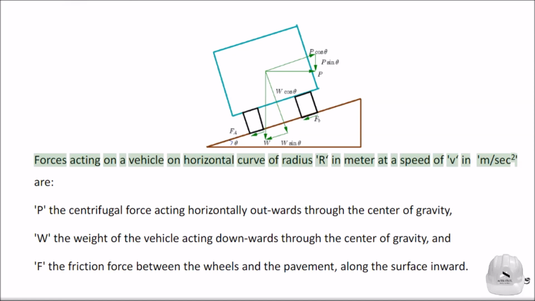Forces acting on a vehicle on a horizontal curve of radius R in meters at a speed of v in m/sec: P, the centrifugal force acting horizontally outwards through the center of gravity; W, the weight of the vehicle acting downwards through the center of gravity; and F, the friction force between the wheels and the pavement, along the surface inward.